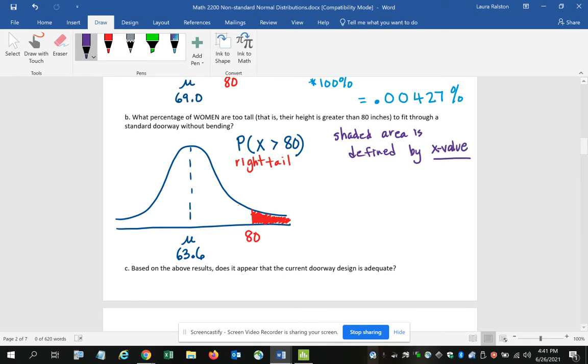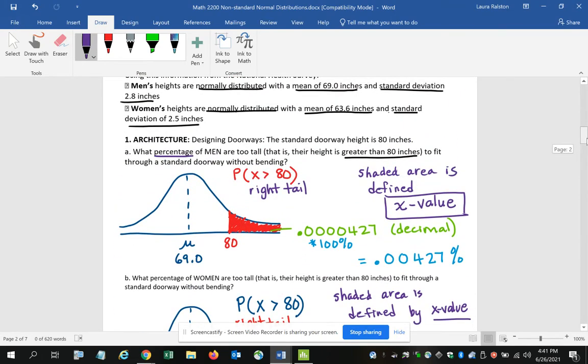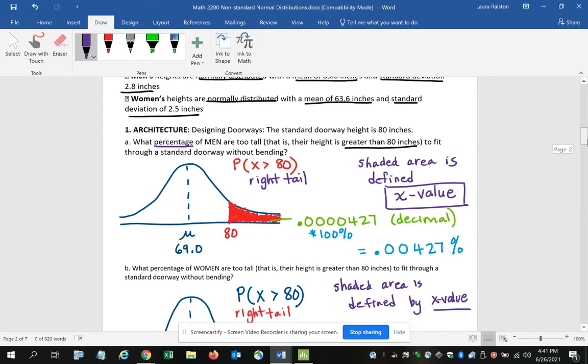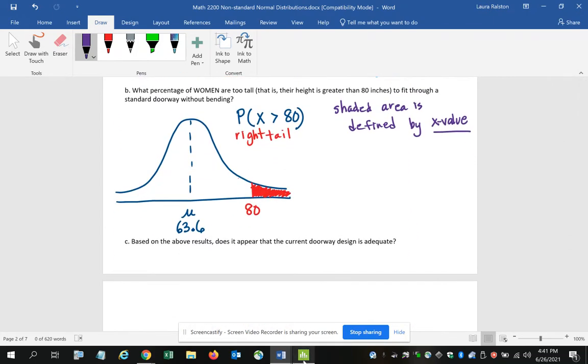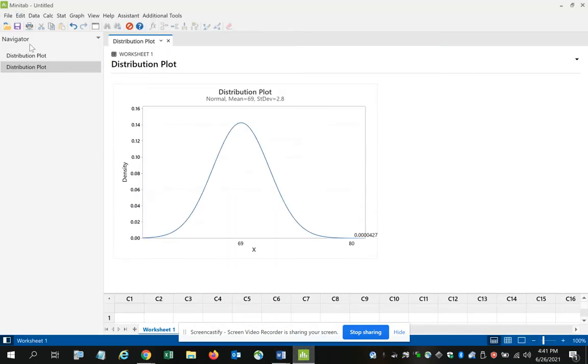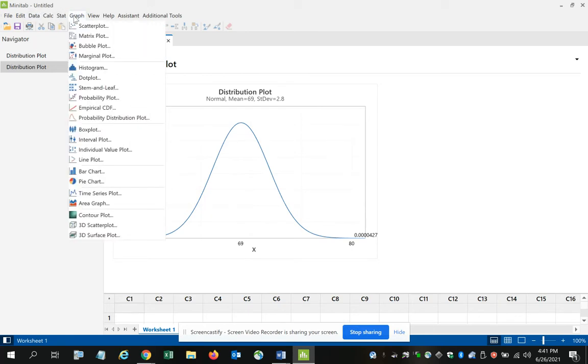So again, we go out to Minitab. Let me double check about what our mean is: 63.6 and standard deviation is 2.5. So we go out to Minitab, we start over. Go to the top menu bar, graph. On the drop-down menu, we choose probability distribution plot.